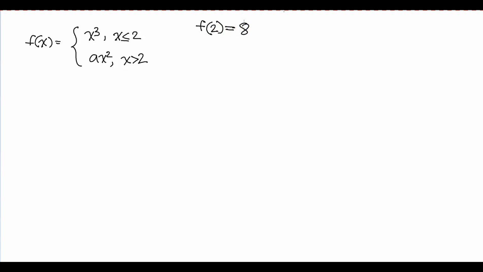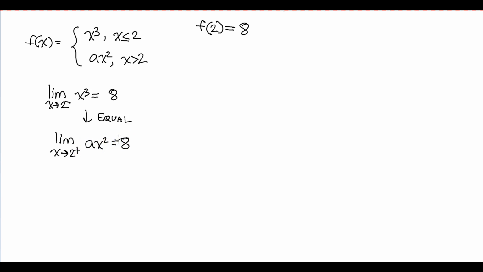What is the limit as x approaches 2 from the left? Since no rearrangement is necessary, you just do direct substitution. That's 8. So we're almost done. In order for it to be continuous, this has to be equal to the limit as x approaches 2 from the right of ax squared, which means this has to be equal to 8.